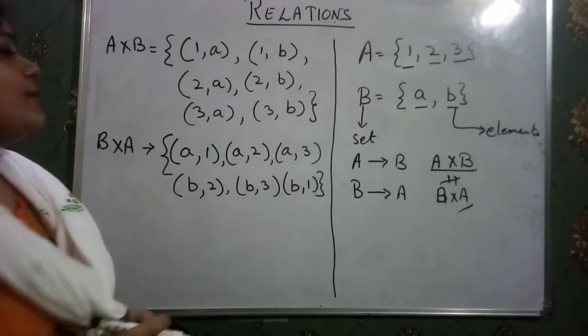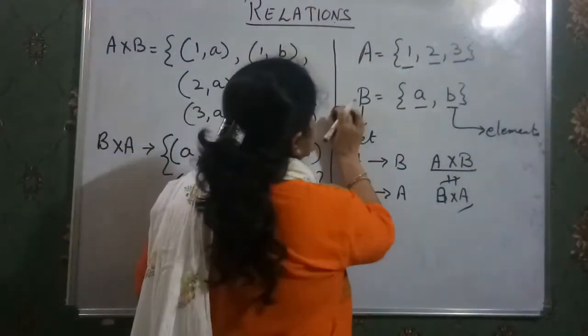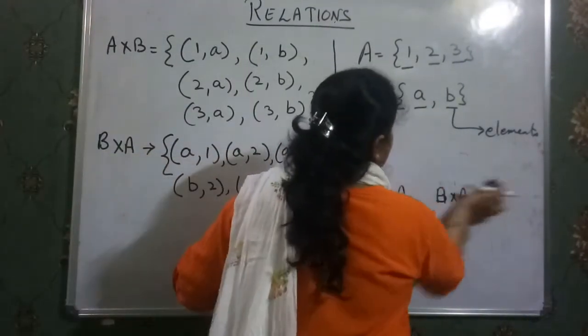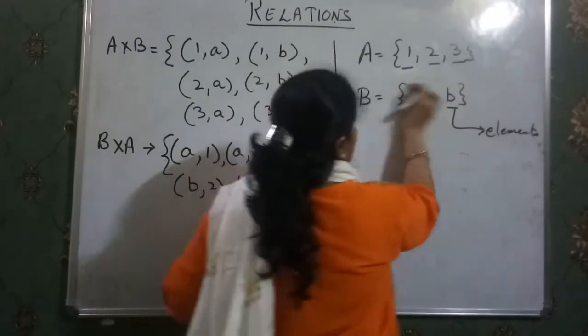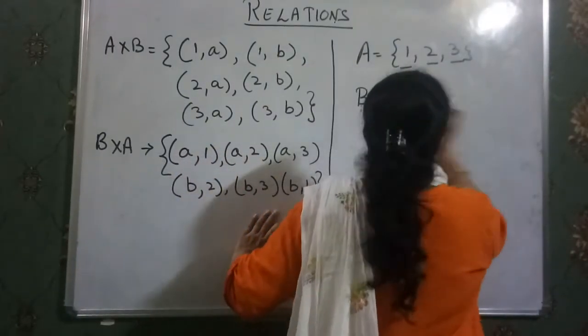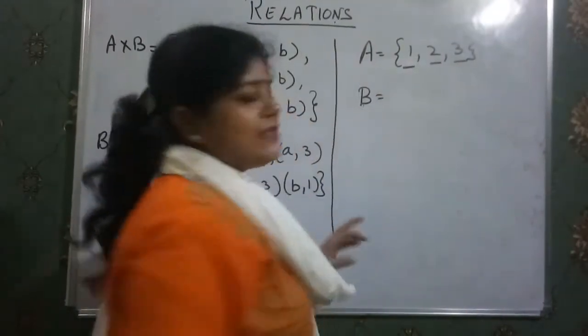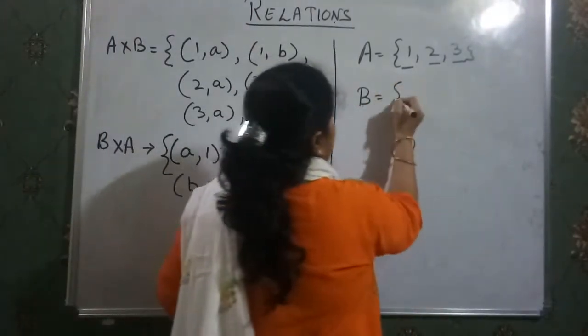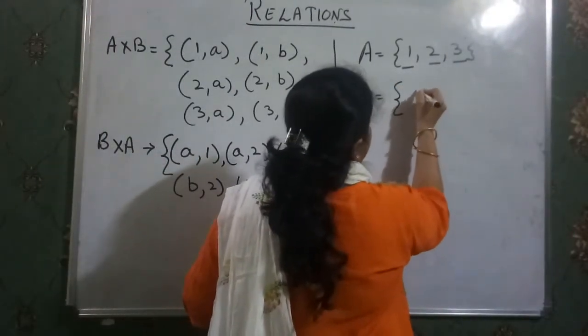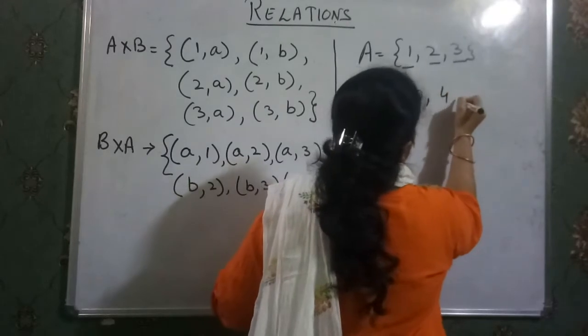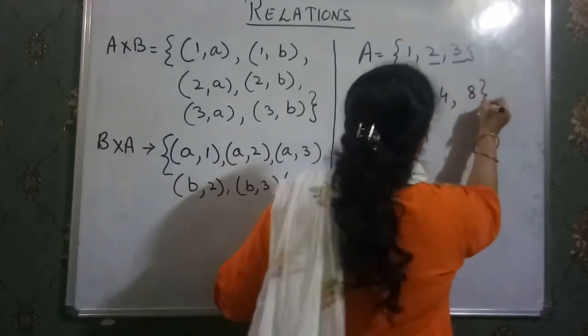For example, I am going to take one more question in order to explain the topic. I have a set A is equal to {1, 2, 3} and another set B is equal to {0, 4, 8}.